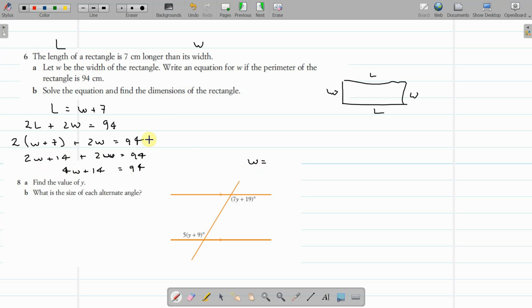Part B, so part A answers here. Part B, we need to solve this to work out what w is.